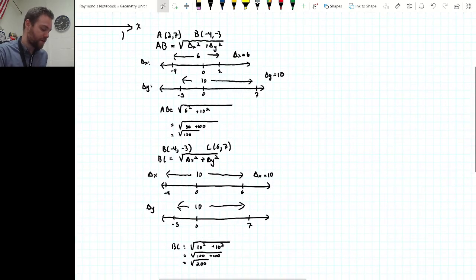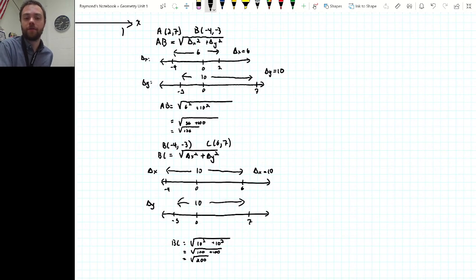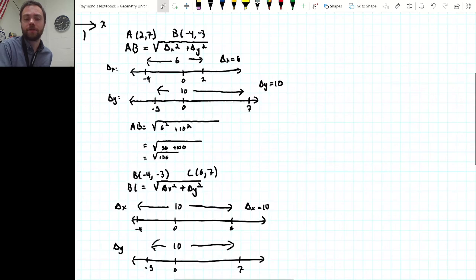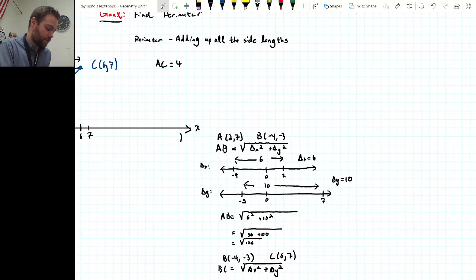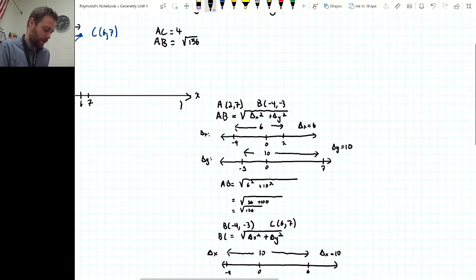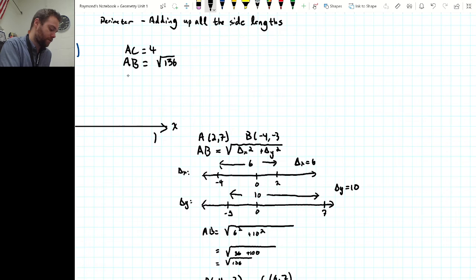If you're doing Khan Academy, there's two ways you'll see it. You'll either see all the numbers summed up like this. So AC we found, AB is root 136, and the other one is BC, which is root 200. So this is what you'll see.